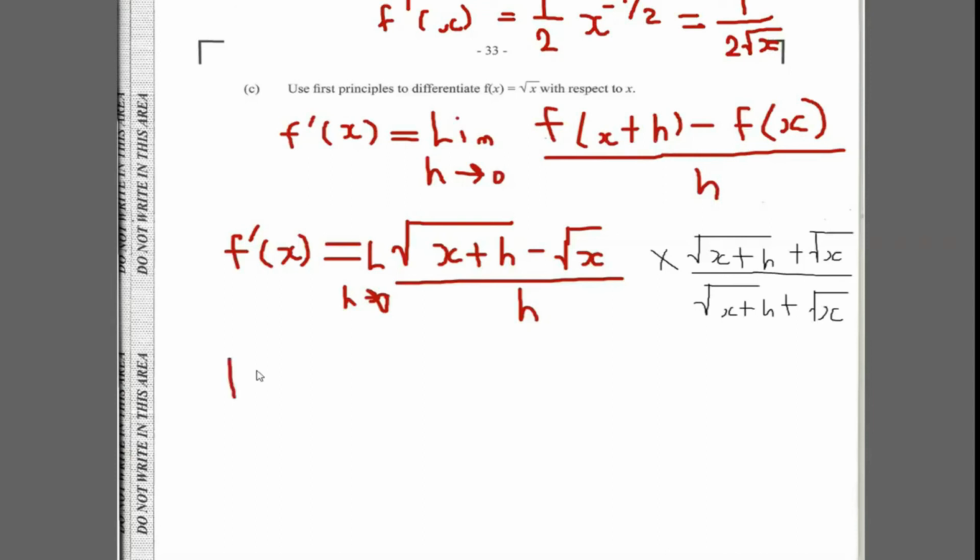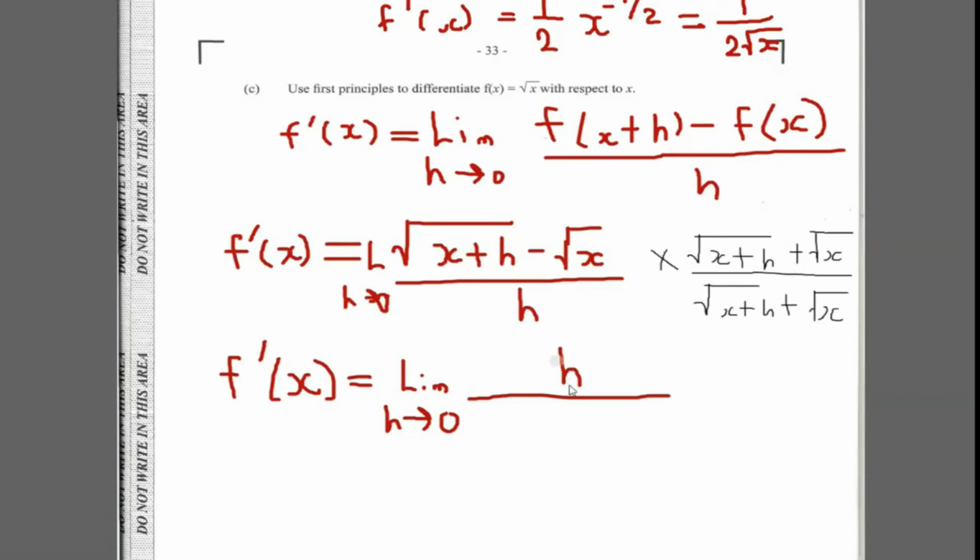So what we're going to get is f prime of x, being the first derivative, is going to be equal to the limit as h tends to 0 of, working out the numerator, root of x plus h minus root x times root of x plus h plus root x, which is the difference of two squares, x plus h minus x. If you're wondering where the h goes, let me write it out.